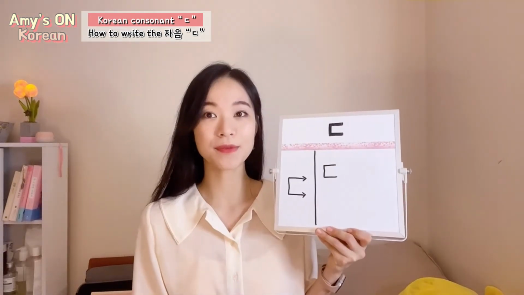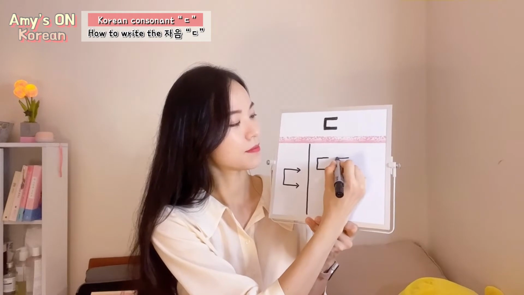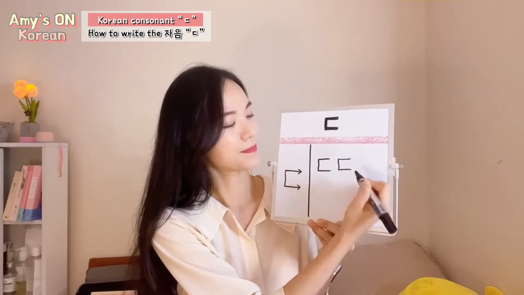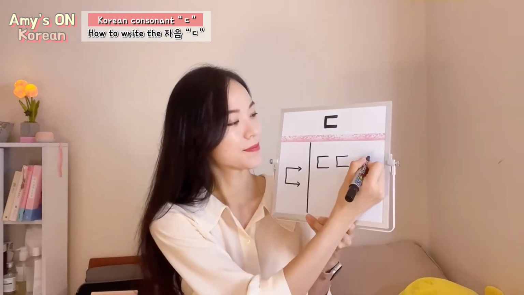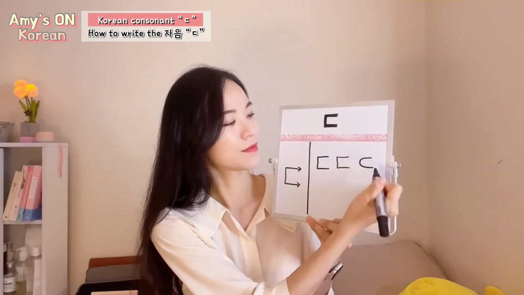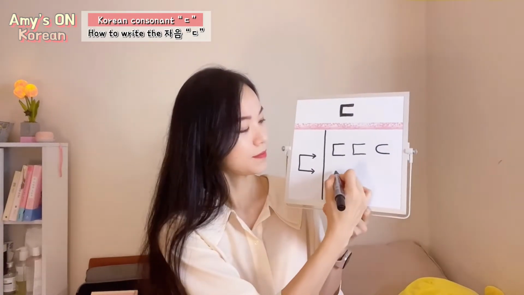But many people write 디귿 with one stroke, like this. And some of them make a curve like this. You might be able to see this as well.